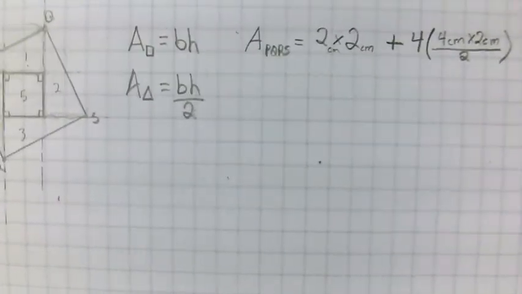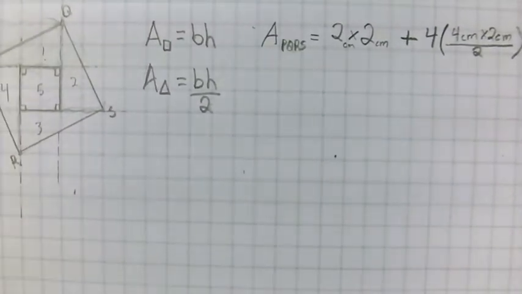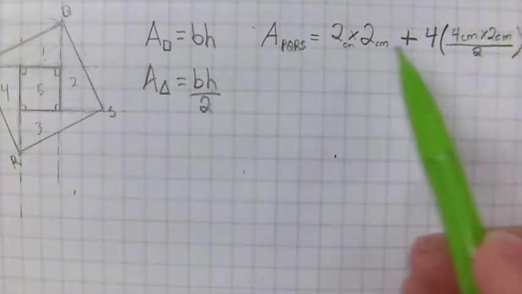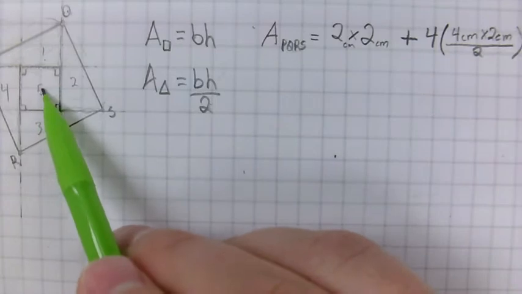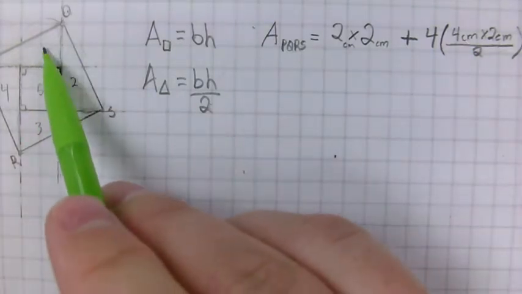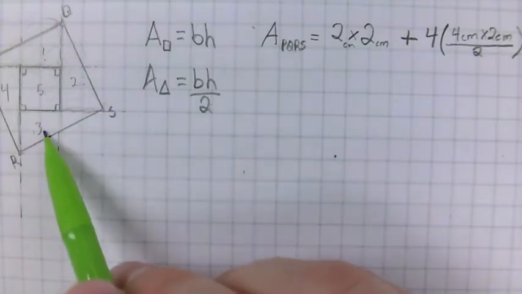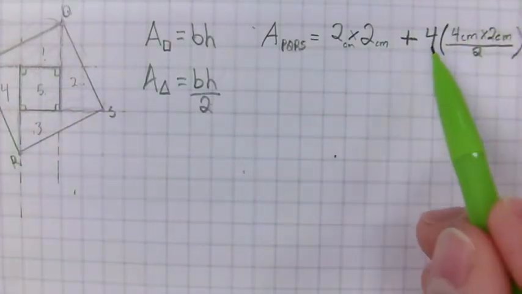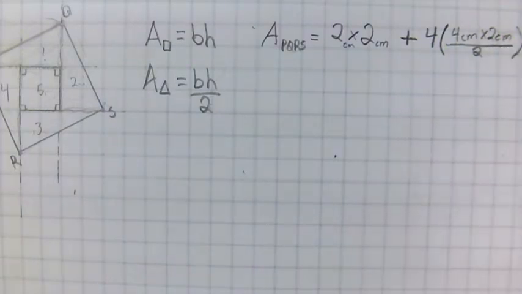Or, if you want to write down a lot of things over and over, you could write 2 times 4 for this part 5, plus the area of 1, plus the area of 2, plus the area of 3, plus the area of 4, which would be the same calculation over and over. But remember, multiplication is repeated addition.